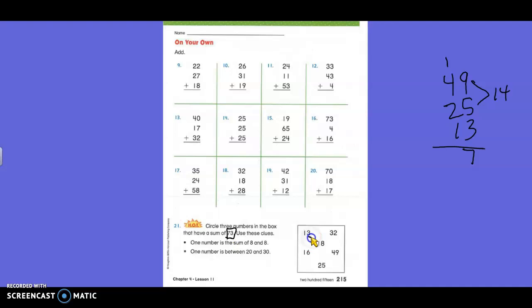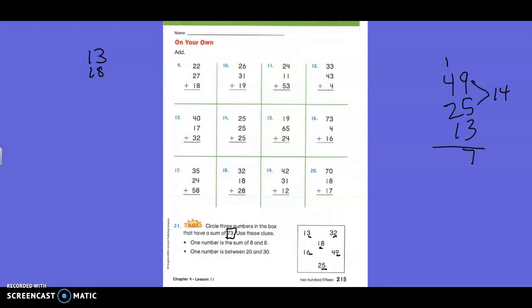So look at all the 1s places. What 3 numbers would equal 13? Or have the 1s that would equal a 13? 8 plus 3 is 11.